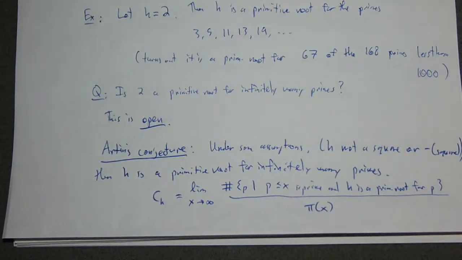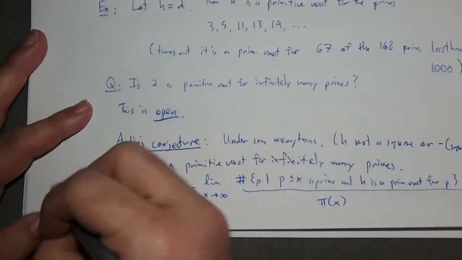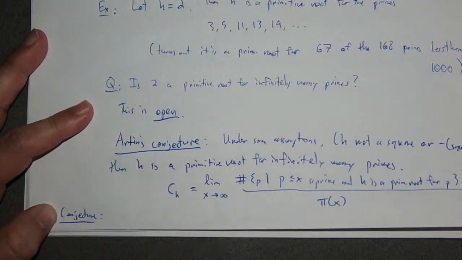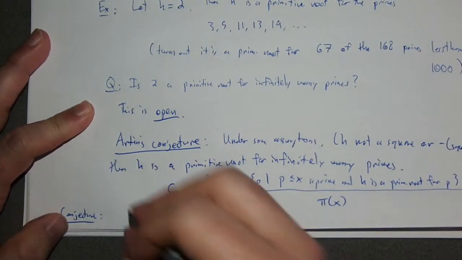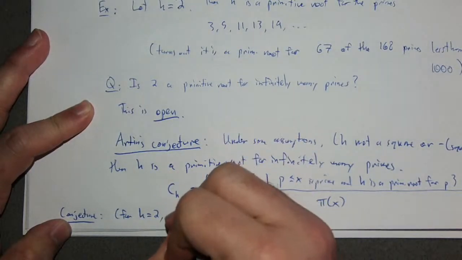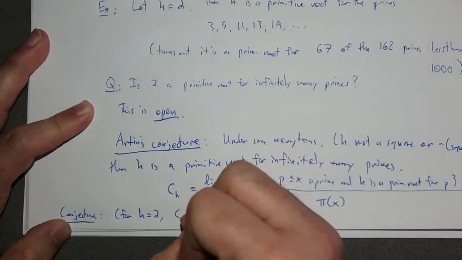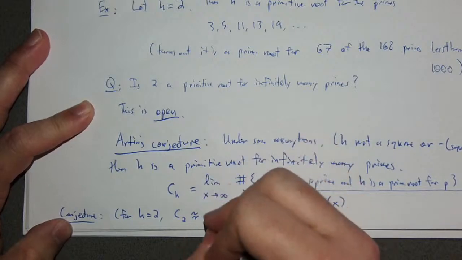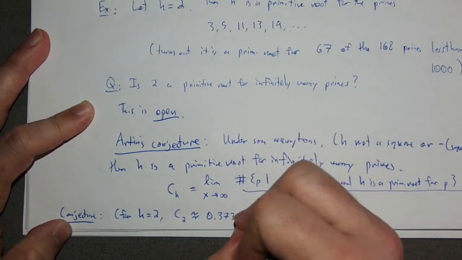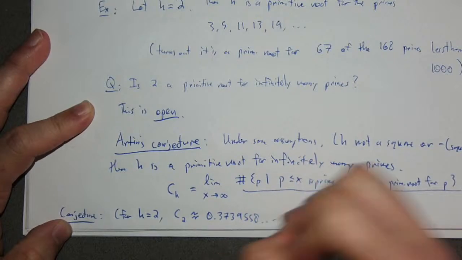In fact, the existence of this constant was conjectured as part of this, and the conjecture, or maybe even subconjecture, is that for h equals 2, c sub 2 is approximately 0.37395558 and so on.